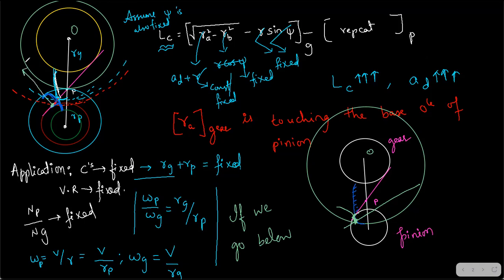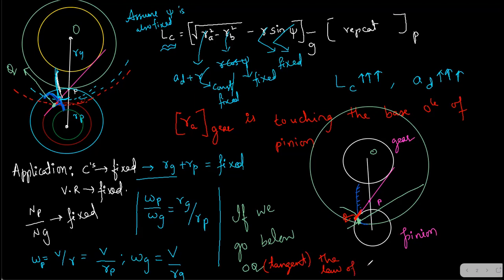Up to the tangent point Q. So if we go below OQ, here the tangent point is Q, which is the tangent, then the law of gearing will not be satisfied.